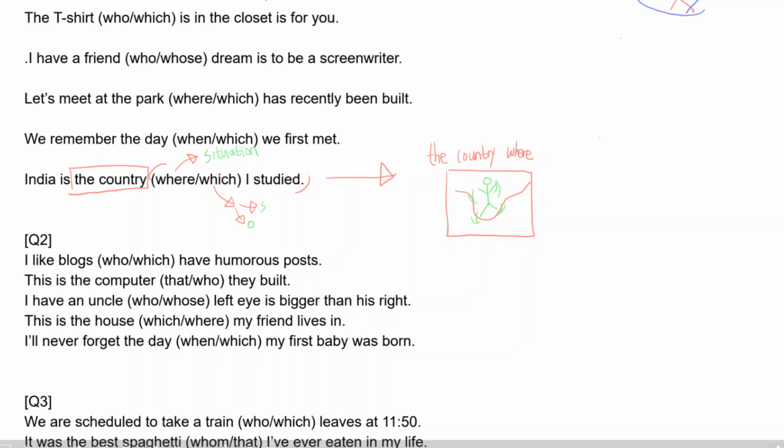Whereas "the country which" might indicate two things, right? The country India might invade some other country, right?